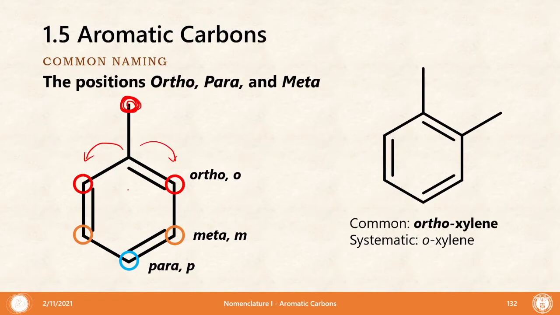So this is the ortho position. If you want to refer to the meta, this is the position that is 2 carbons away from the reference point or our substituent. And para is the position that is directly opposite of our reference point.